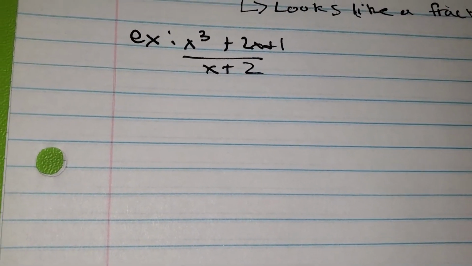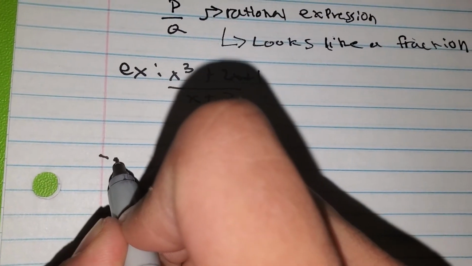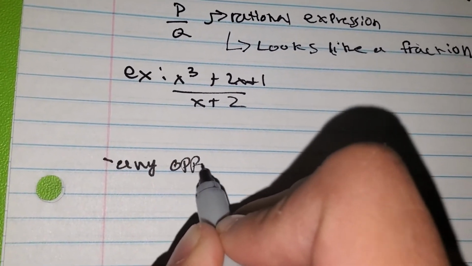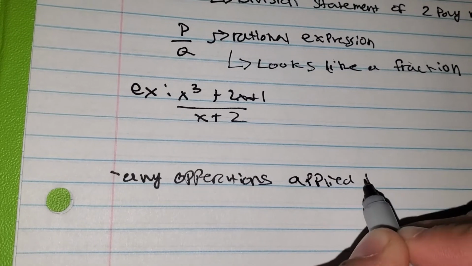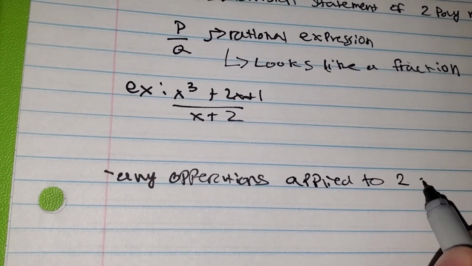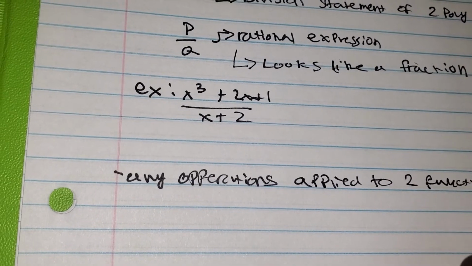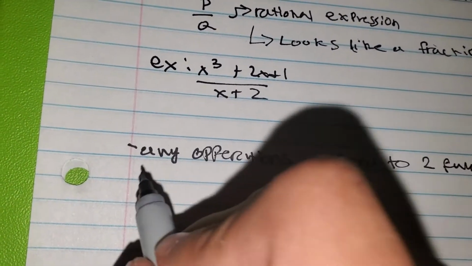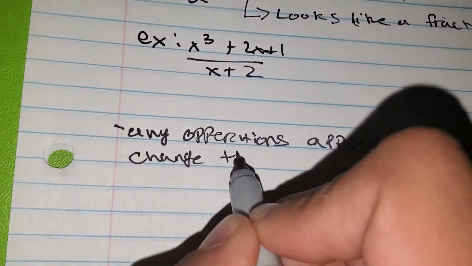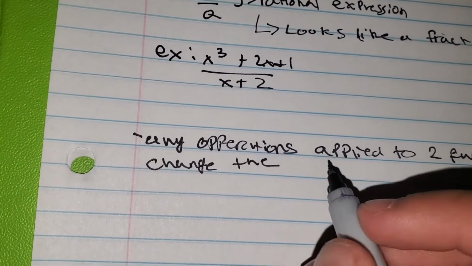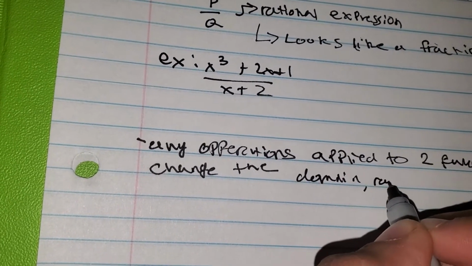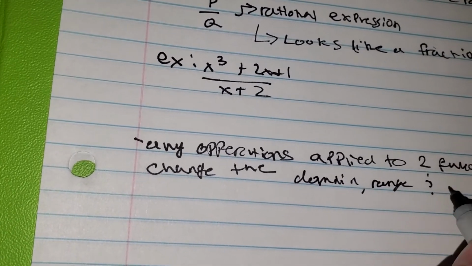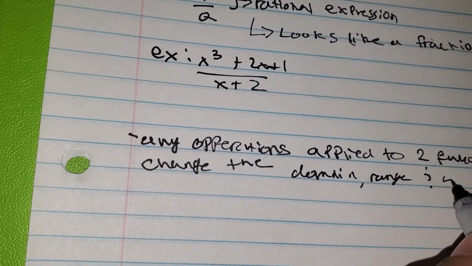So we learned in the general functions playlist that if we apply any operations to functions, it would change the domain, range, and also the behavior.